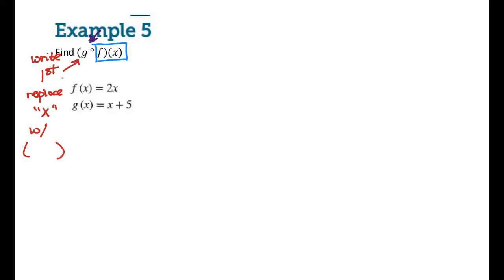All right, so we're looking at g of x. This is what we're doing first. And instead of x, I'm going to put parentheses here. I'm going to say parentheses plus 5. Okay, then I'm going to take that f of x, and I'm going to replace it here in that set of parentheses.